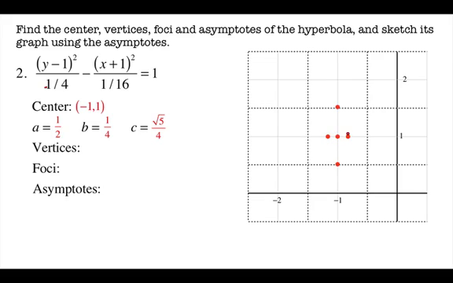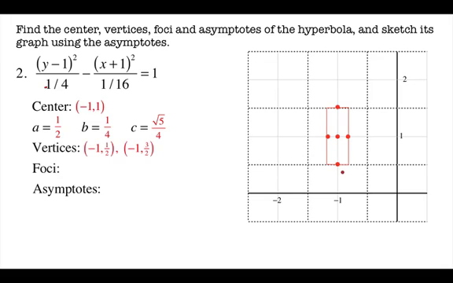How do I get these points top and bottom? I'm traveling half a unit up, half a unit down. Then at this point, I can go ahead and draw the rectangle. This is going to help me find the asymptotes.